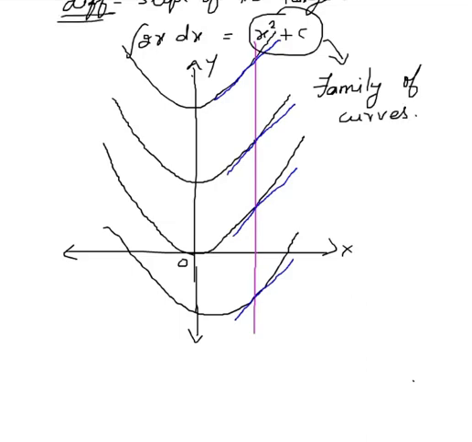Therefore, the geometrical meaning of differentiation is that it gives the slope of the tangent, and the geometrical meaning of integration is that it gives a family of curves. Differentiation gives you a unique answer, a unique function, whereas integration gives you a family of curves, because for different values of c we will get different curve equations.